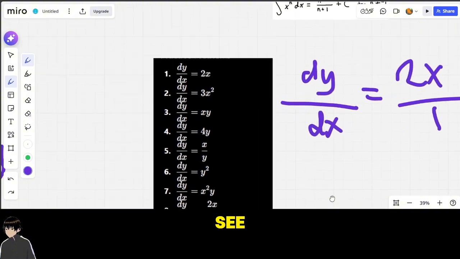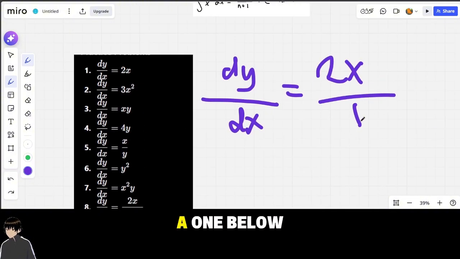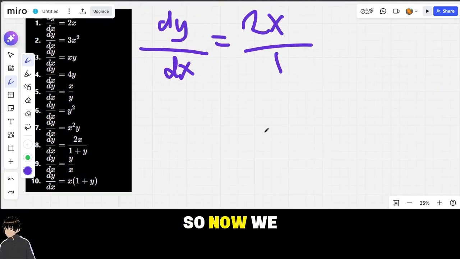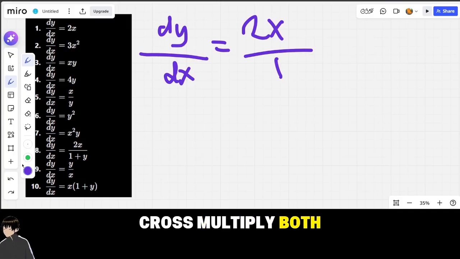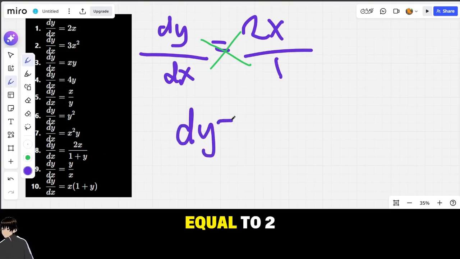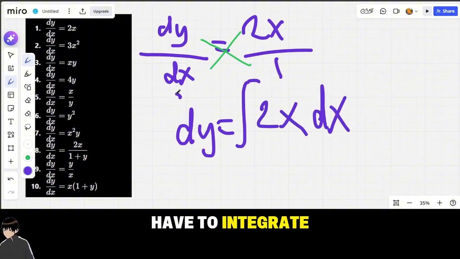When you see something like this, it always has a 1 below it. That's basic algebra. Now we just have to cross multiply both of these, and we get dy is equal to 2x dx. Now we just have to integrate both of these.